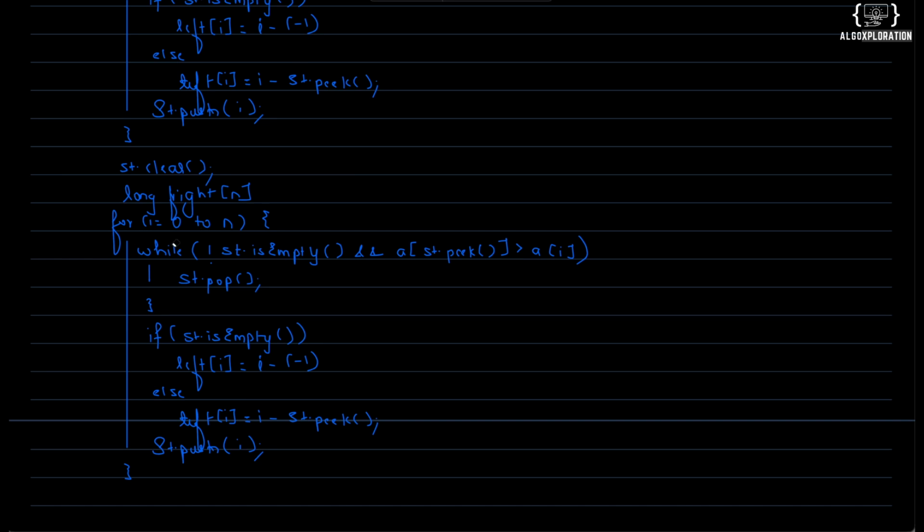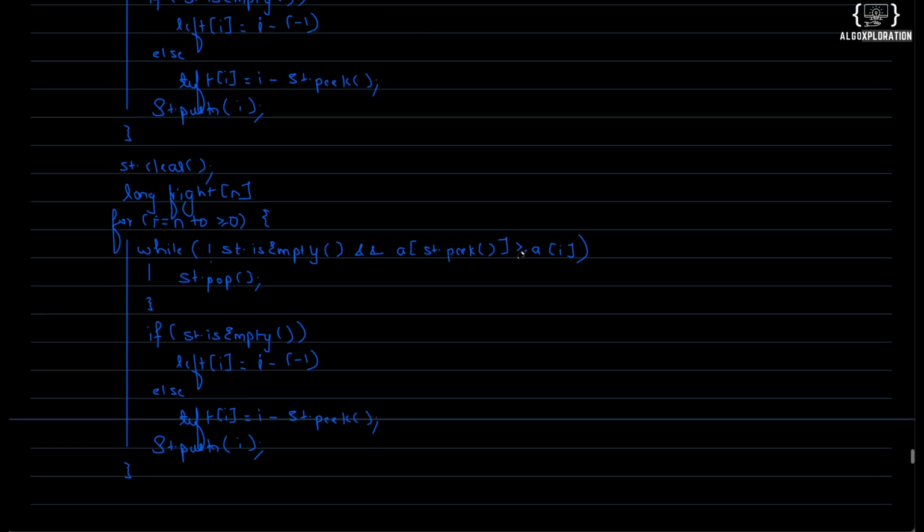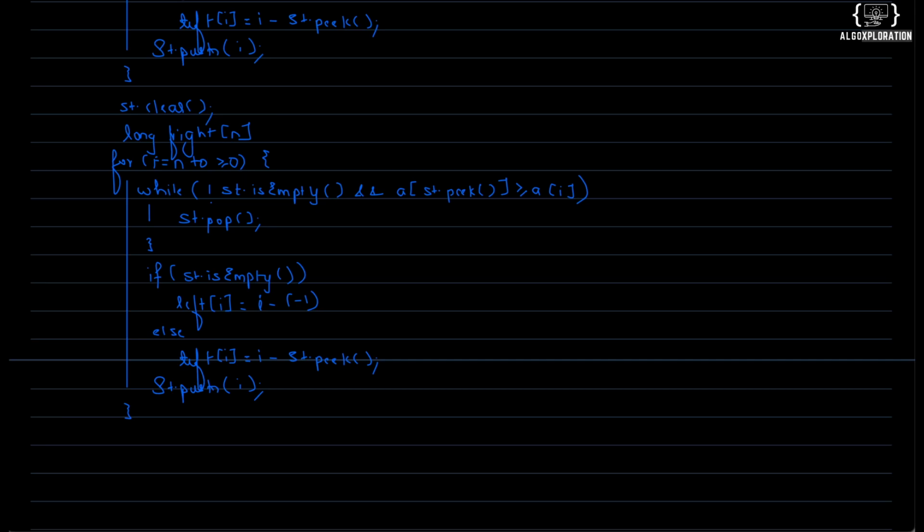I will be going from right to left. So I is equals to n, and it will be gone till greater than equals to 0. Okay. And over here, as I told you, that there should be greater than equals to. Okay. Now I will be deleting this and this because I am filling the right array now.